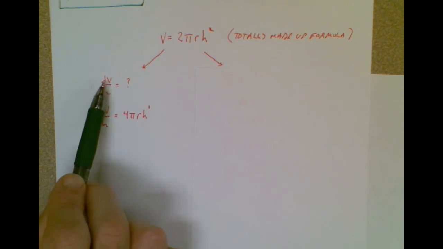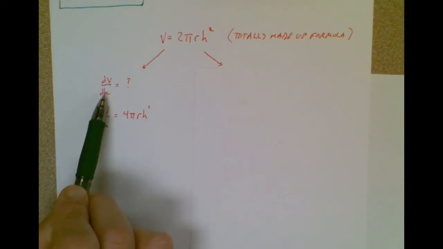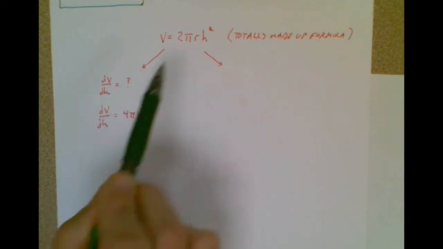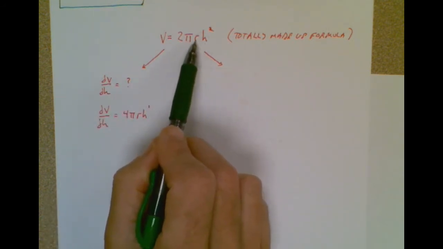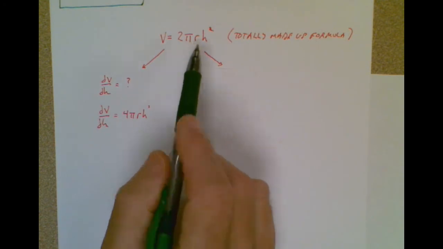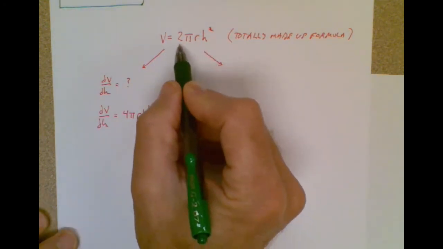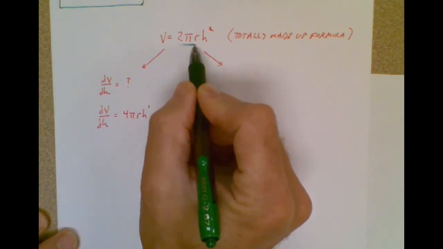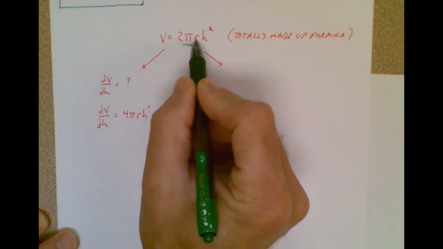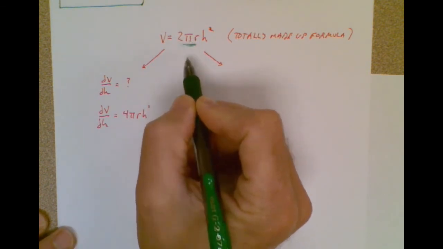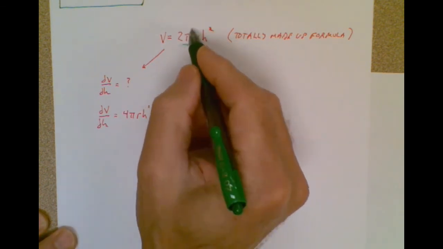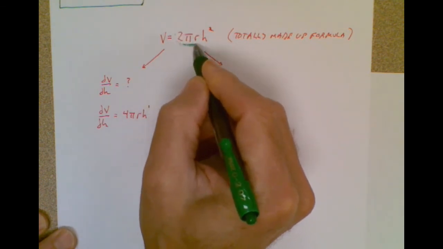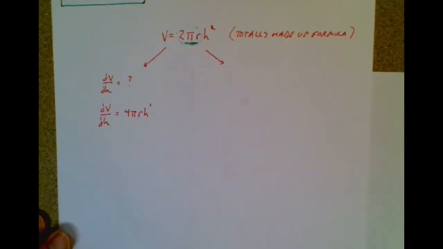If I were asked for dv/dh, that means the derivative of equation v that happens to be using variable h. Okay, that tells me that r is going to be treated like a number. In fact, this entire coefficient, 2 pi r, this is one big number. So this part right here, I can just treat in my brain like it's an 8.